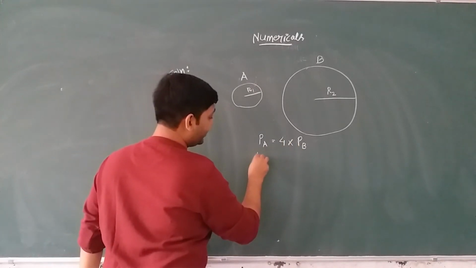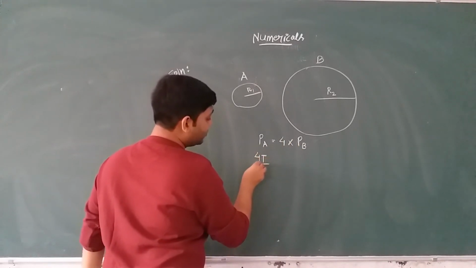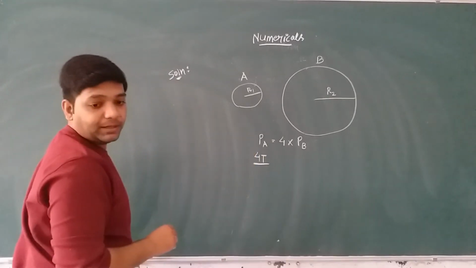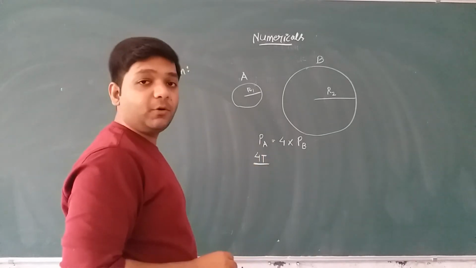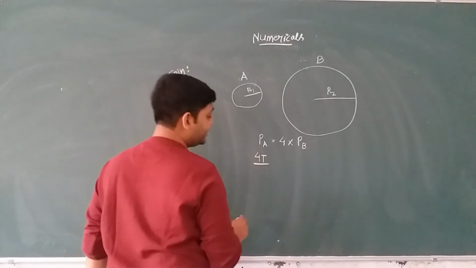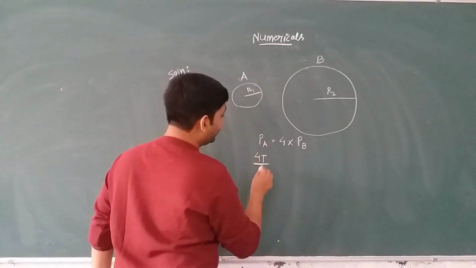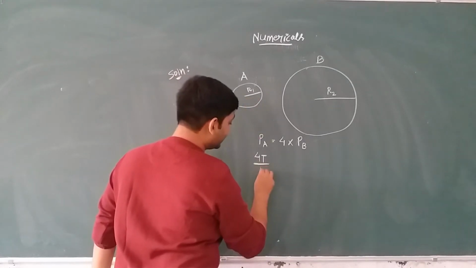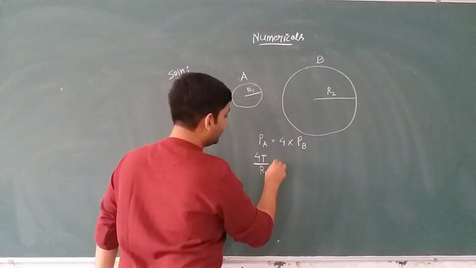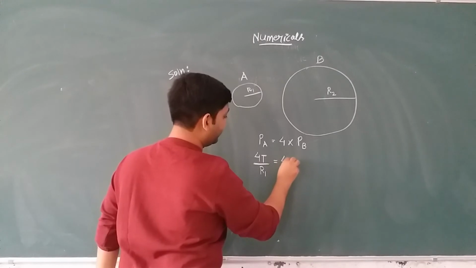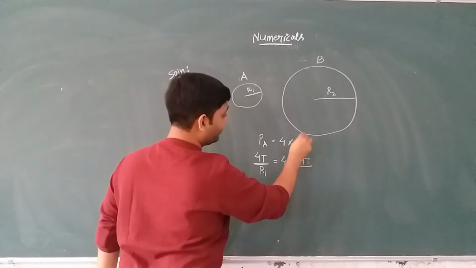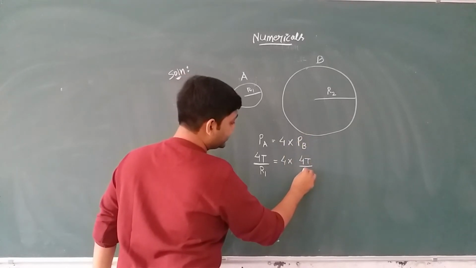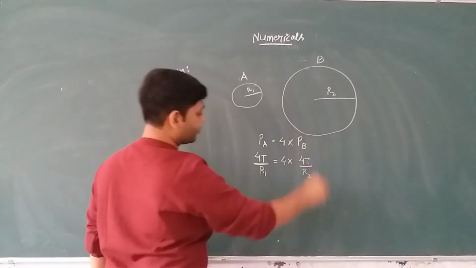Because this is a soap bubble of the same liquid, the value of surface tension will be constant in both the cases. So let's say this is T, 4T upon radius of soap bubble A, which is R1, and this is equal to 4 multiplied by 4T upon radius of soap bubble B, which is R2.